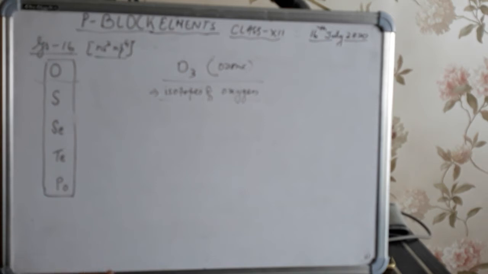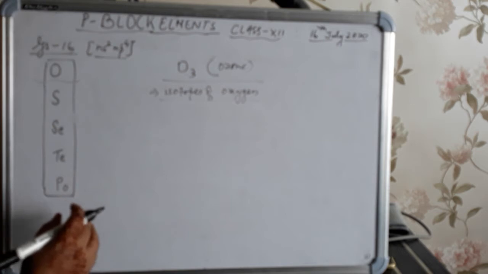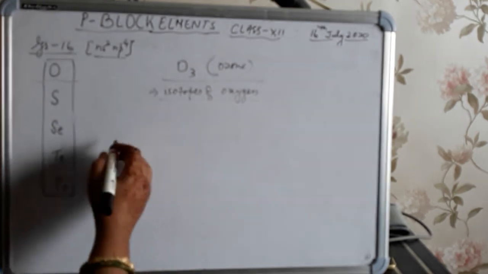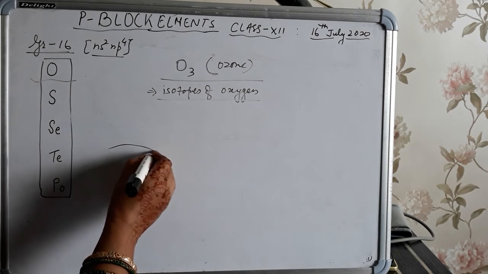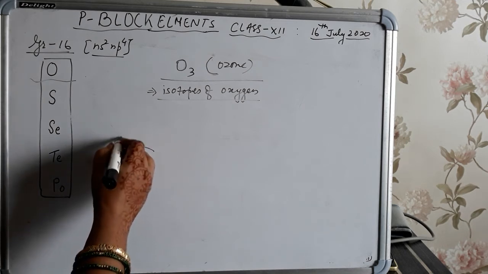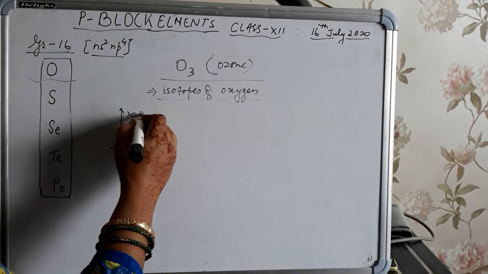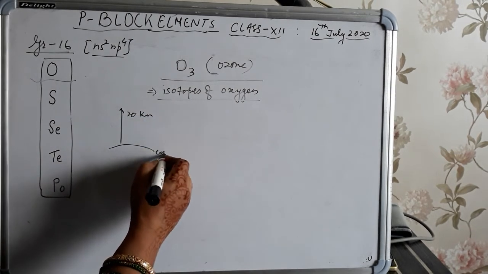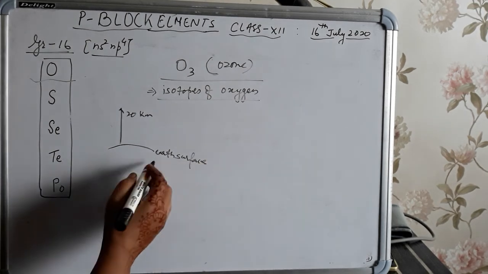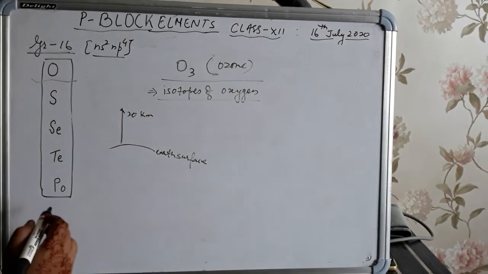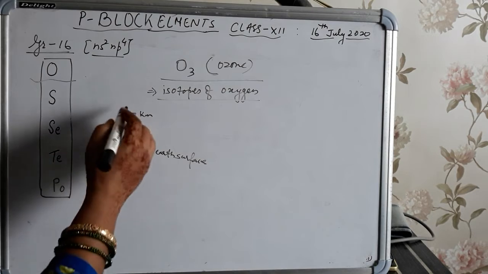Where are the ozones formed, where are they present? The ozones are present uppermost. Suppose this is the Earth surface. From about 20 kilometers above the Earth surface, ozone is present.